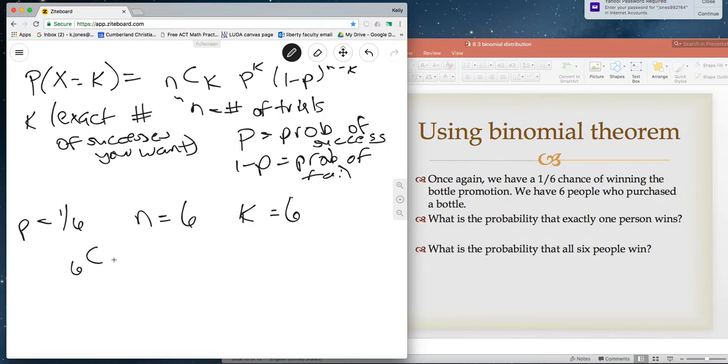We have 6C6, probability of success raised to the 6th power, probability of failure raised to the 6 minus 6 power, which is 0. And if you remember from Algebra 2, anything raised to the 0 power is just 1. So you can put that in your calculator if you want, but it's just going to be 1.